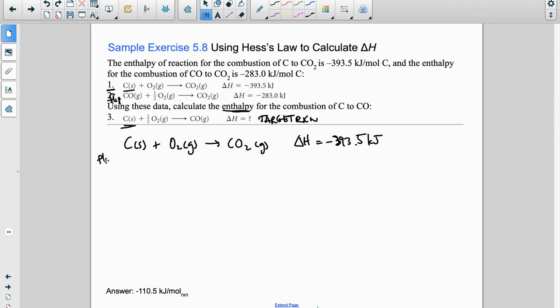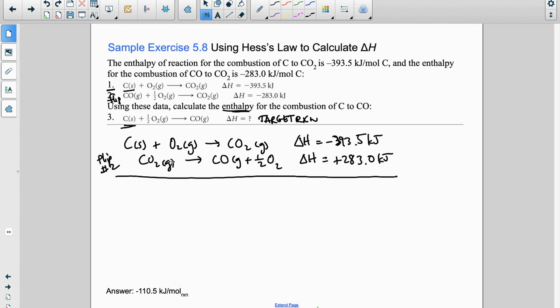So I can flip number 2. And if I flip number 2, I end up with CO2 as a reactant going to carbon monoxide gas plus half O2. Then I can flip the sign of my delta H for number 2. Because I reversed it, I also flipped the sign of delta H.